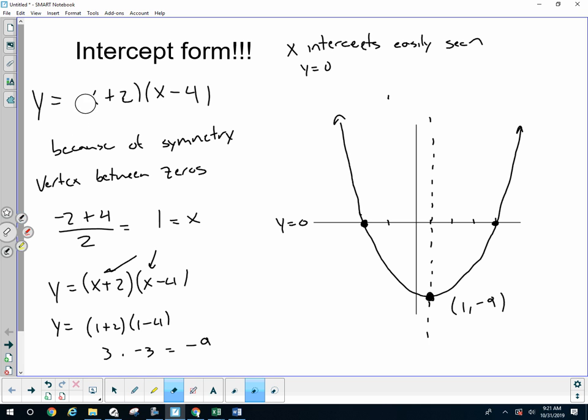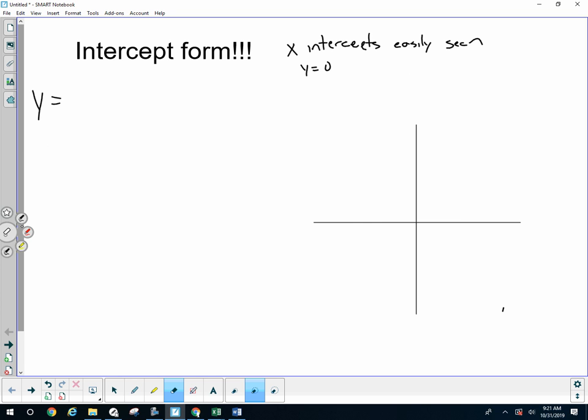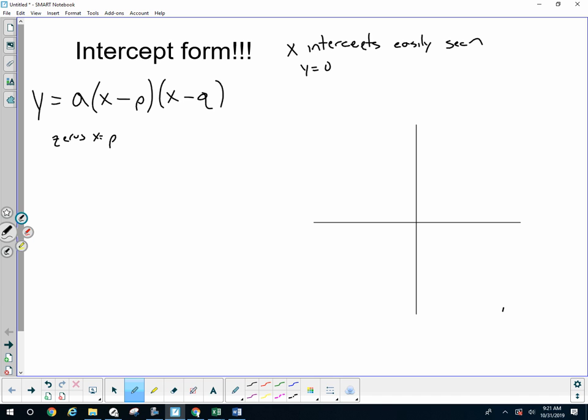Let's change it up. I'd like you guys to understand that we have x minus p and x minus q, and that we have zeros at p, 0 and q, 0.